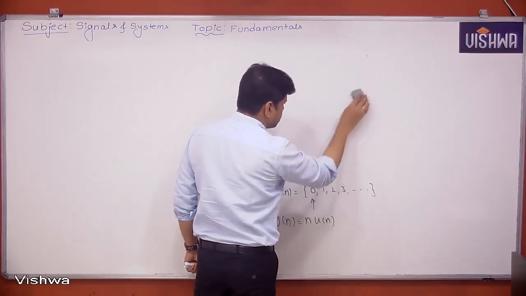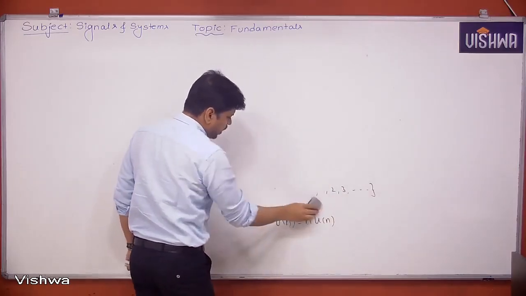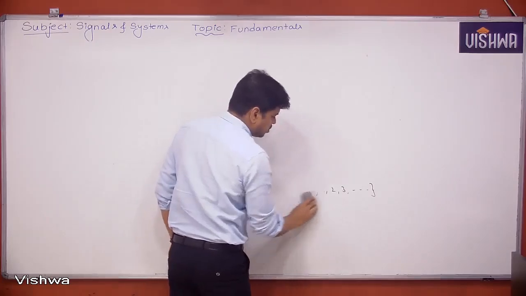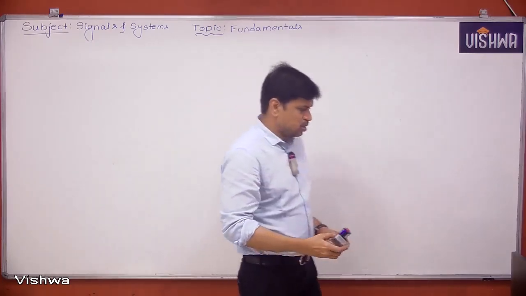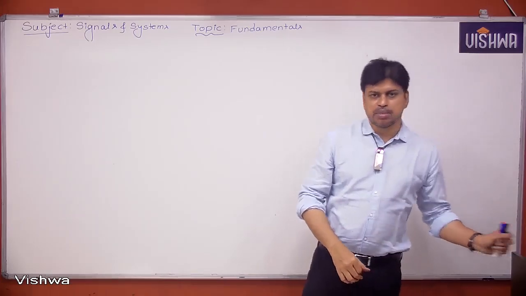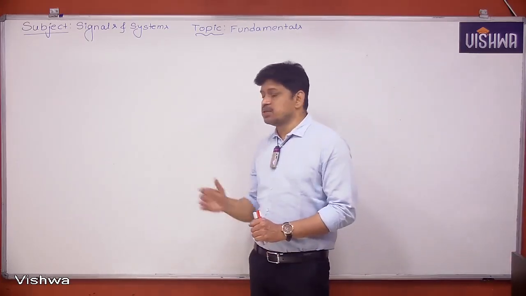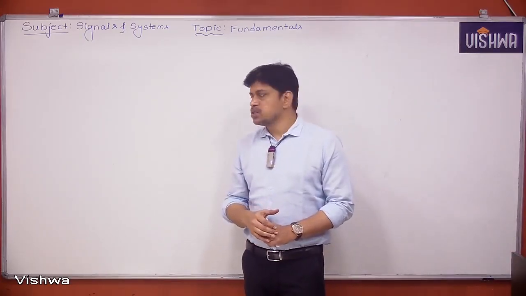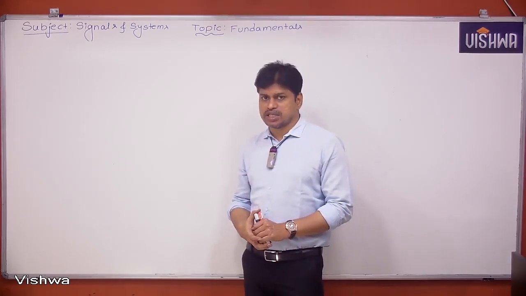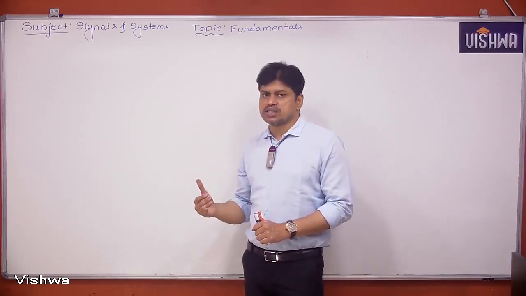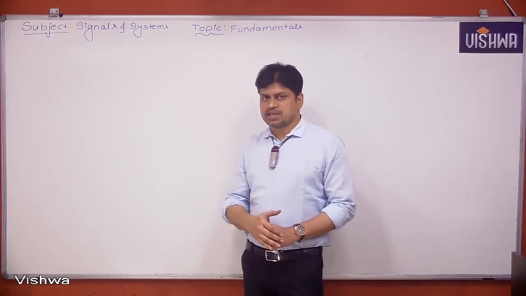Okay. In the continuous time case, we have seen the relation between impulse, step and ramp. We have to see a similar kind of relationship in the discrete time case also. But to understand the relationship between them, first we have to understand something else, which is the analogy between the continuous time case and the discrete time case.